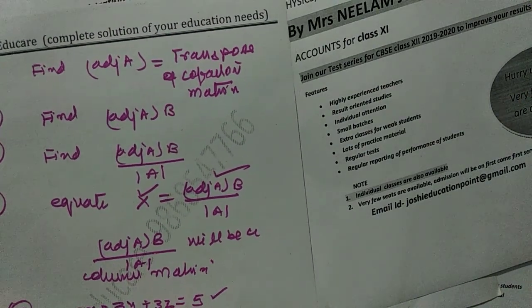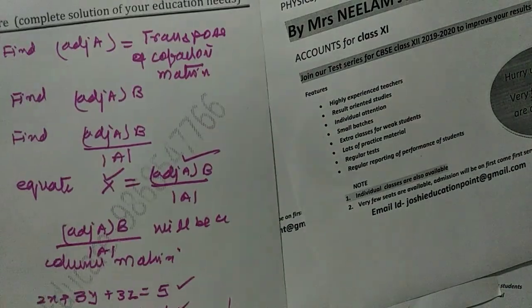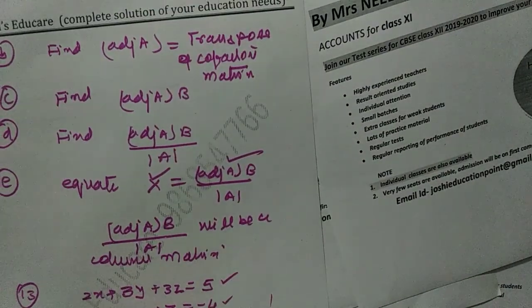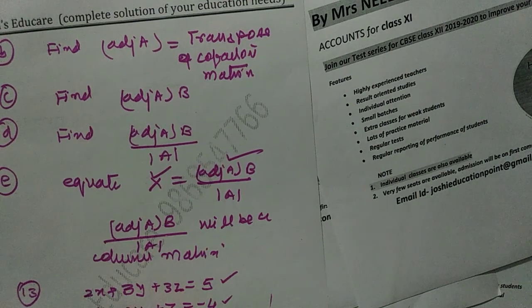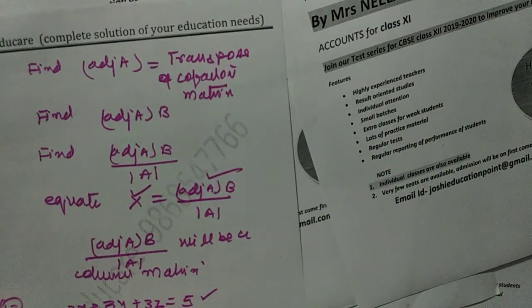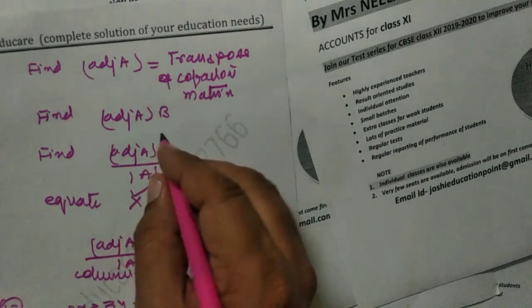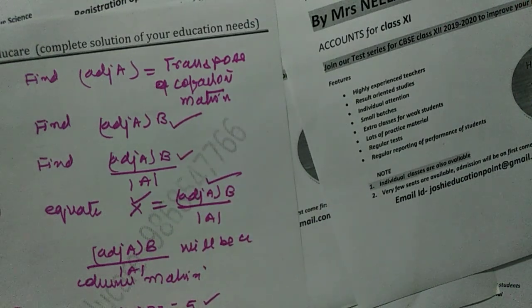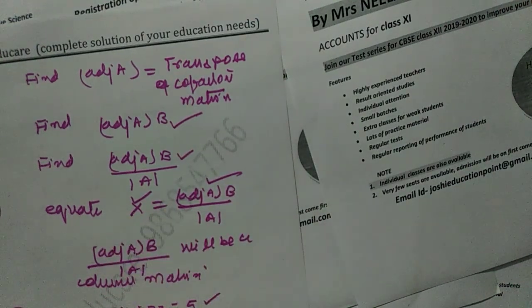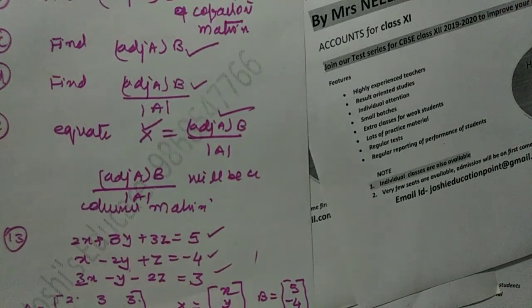First of all, we'll write the matrix A, the matrix X, the matrix B, and then we'll write X equal to A inverse into B. First we'll calculate the determinant of A, then the adjoint of A, then adjoint of A into B. Find adjoint of A into B divided by determinant of A. Now equate this with X. Follow these steps and you will get your answer.